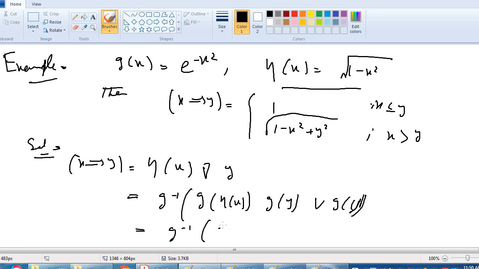We apply g here, and we will see that it will be the square root of 1 minus x square, and for g of y it will be e raised to power minus y square, union g of 1, which will be e raised to power minus 1, because g of 1 will be e raised to power minus 1 square, that means e raised to power minus 1.